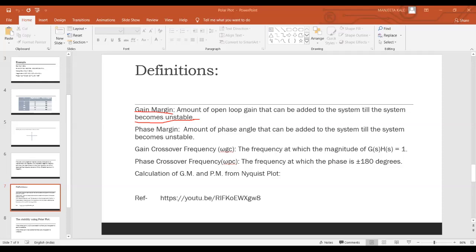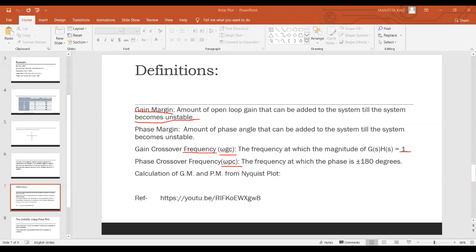Now, next two parameters are important, which are known as omega GC and omega PC. So gain crossover frequency omega GC is nothing but the frequency at which gain crossover occurs. What is gain crossover? Threshold value of the magnitude or gain is nothing but 1, right?